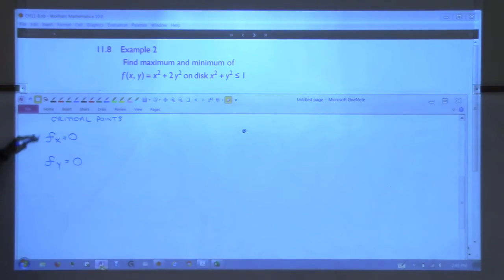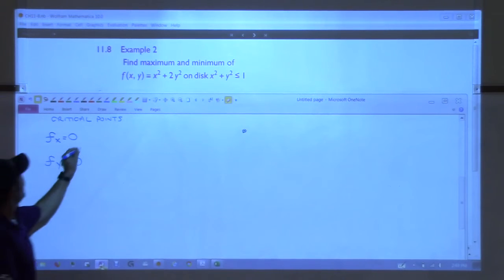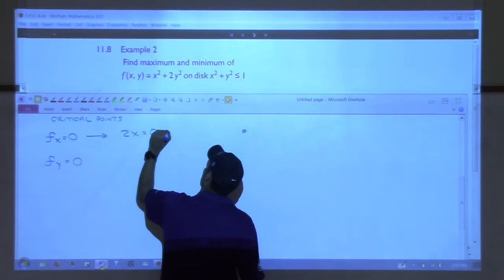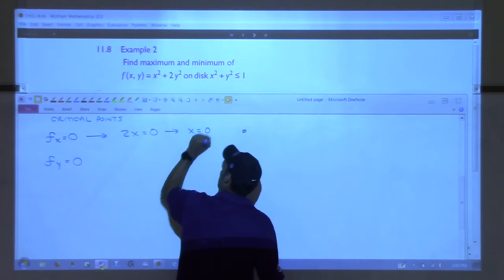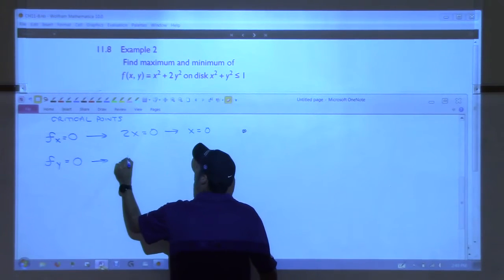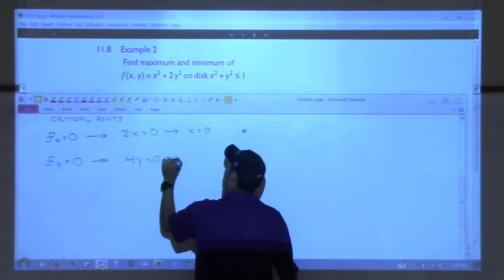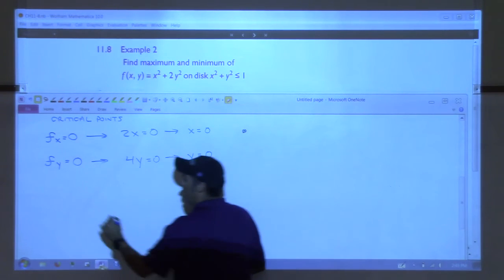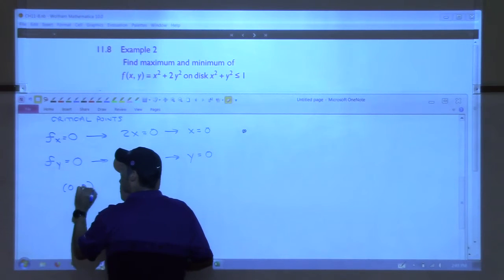Right? That's how we find the critical points. So what is the partial of f with respect to x? We did that earlier. It was 2x, set equal to 0. That means x is 0. And then the partial with respect to y, which was 4y, set to 0, and that means y is 0. So the only critical point that I have is the point (0, 0).